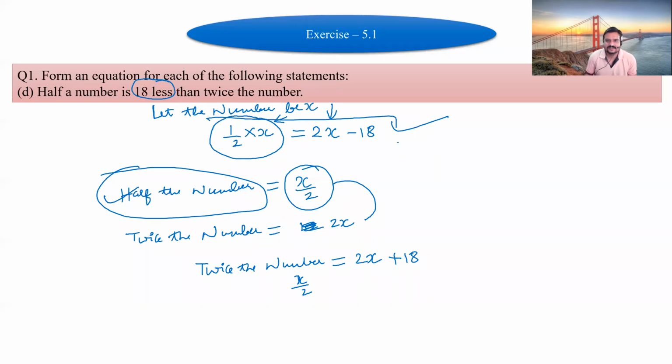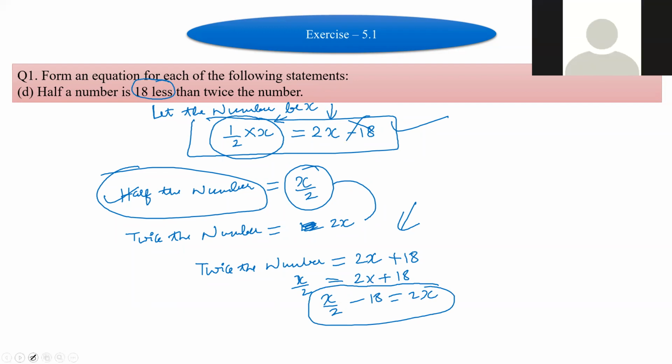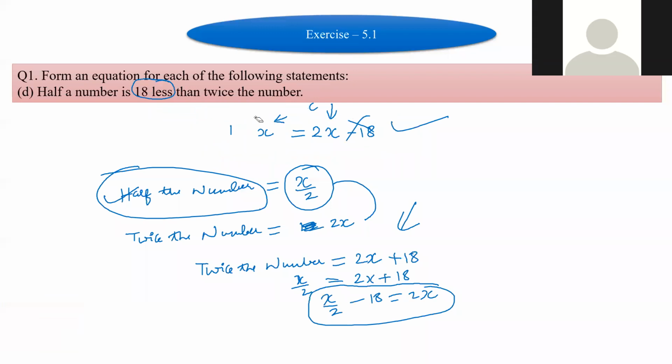The below part is correct: x upon 2 is equal to 2x plus 18. So we will shift this 18 to this side. So x by 2 minus 18 is equal to 2x. This is the equation. Okay, don't write this.